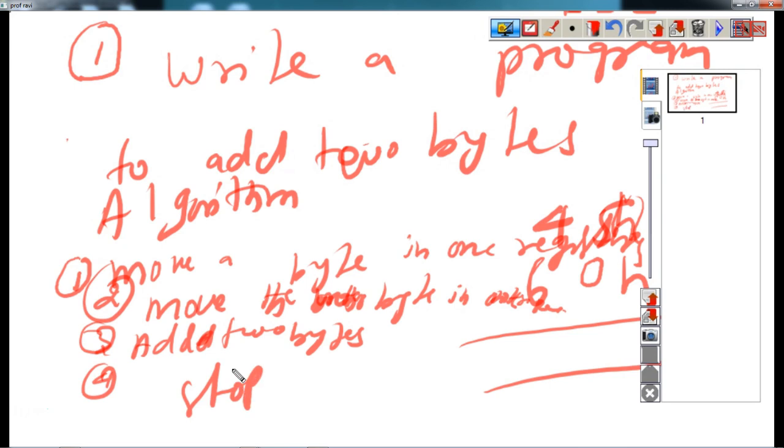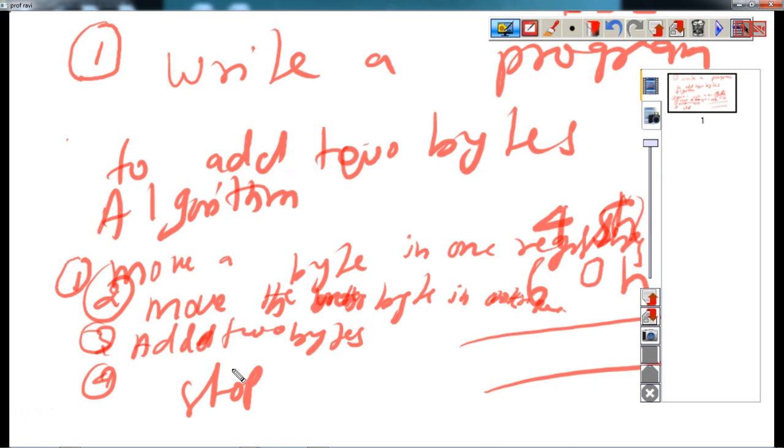This is a simple algorithm. That means, to add 2 bytes, move the first byte into one register, and move the second byte into another register, of the registers which are available with the microprocessor.